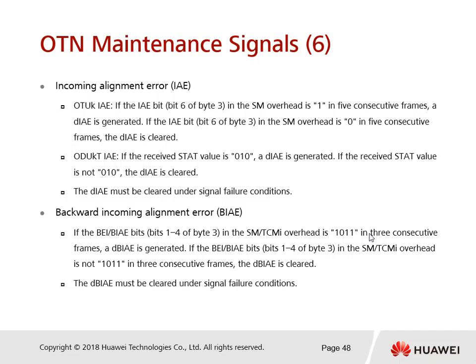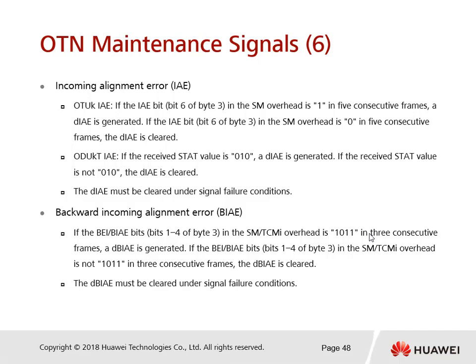If the IAE bit is 0 in 5 continuous frames, the DIAE is cleared. And for the ODUK IAE, if the received status value is 010, then a DIAE is generated. If the received status value is not 010, then the DIAE is cleared. The same, the DIAE must be cleared under signal failure conditions.